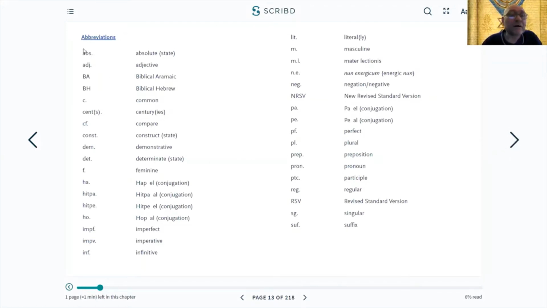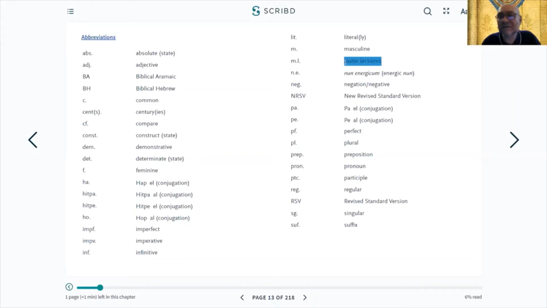Okay, so here are some abbreviations. They're going to give us: absolute state, adjective, BA, biblical Aramaic, biblical Hebrew, C common, century, CF compare, construct state, demonstrative, DET determinate state, F feminine, hophal conjugation, hifil conjugation, hitpael conjugation, imperfect, imperative, infinitive, literally, masculine, mater lectionis.